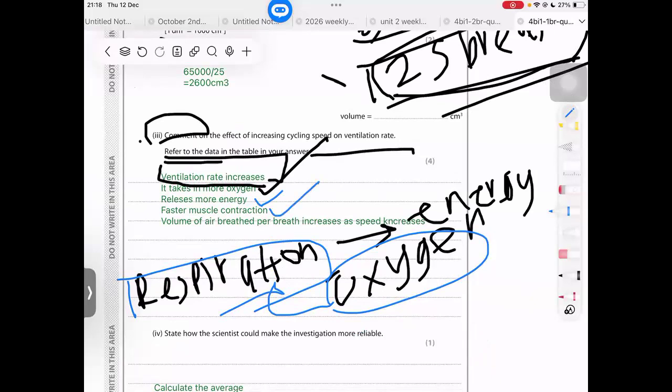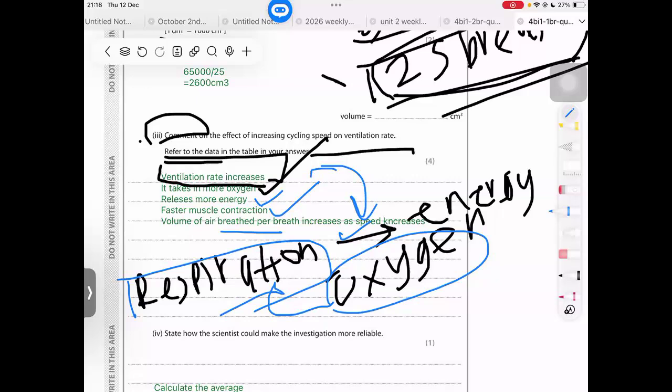For faster muscle contractions, we again need more air. We need a faster rate of respiration. For that, we need more air. Therefore, the volume of air breathed per breath also increases as our speed increases. So here it's like a loop. You just have to explain the same thing over and over again.